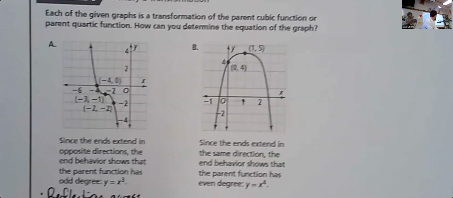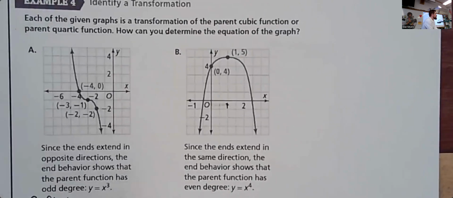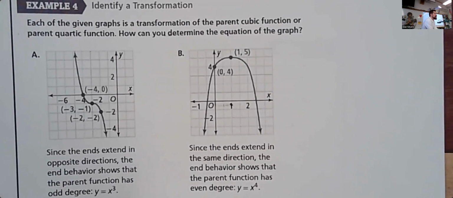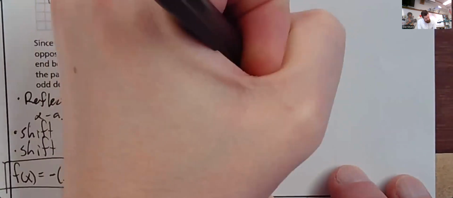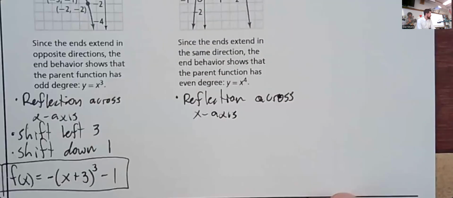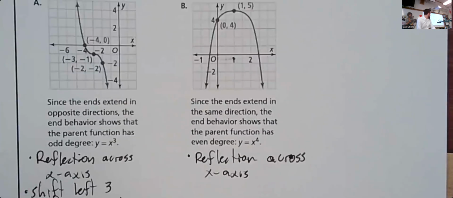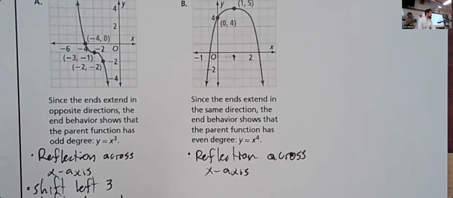Both ends are going down though. What does that tell us about the lead coefficient? If it's upside down, it's a negative lead coefficient again. So it's a reflection across the x-axis. And then in terms of the middle of the graph, it would have started at 0, 0.